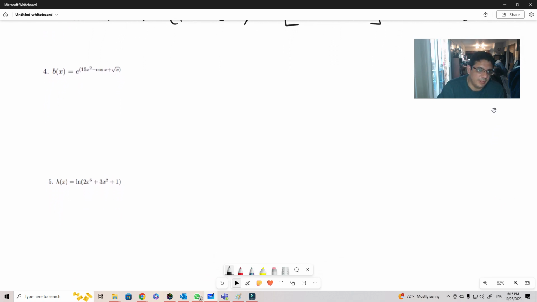Now moving on to the next one, we have an exponential here. And so you know that what we're doing with chain rule is essentially we're just trying to see this as a simplified version of a more complicated function. So notice that this is e to the something, but we can just call this e to the f of x, right?